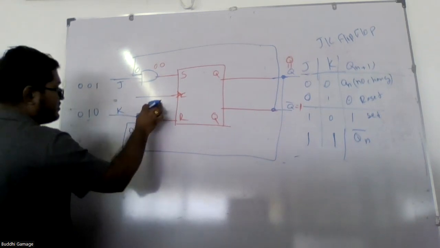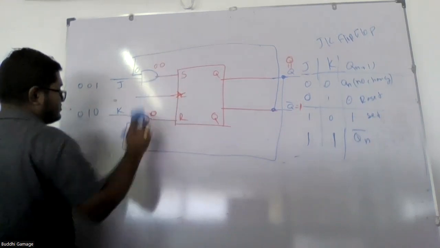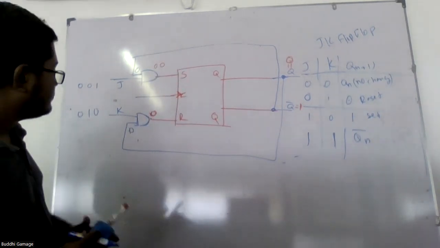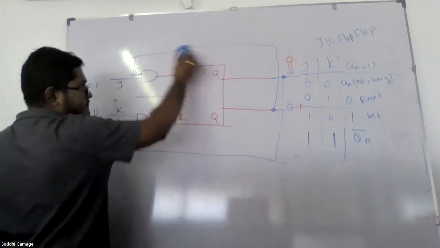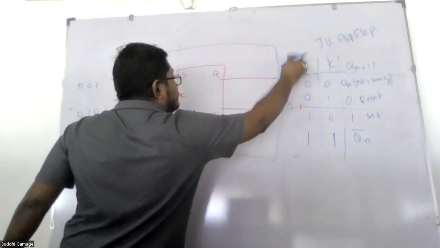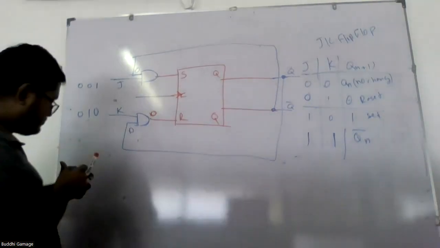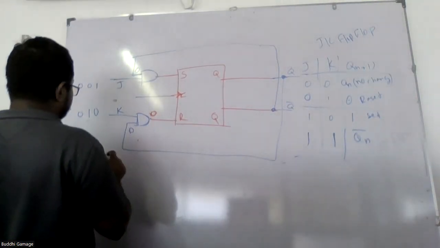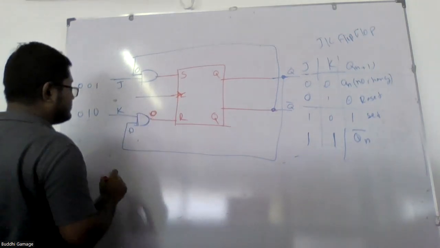So likewise, we can go from this one. Right? Go on this particular line. So obviously this will be 0.